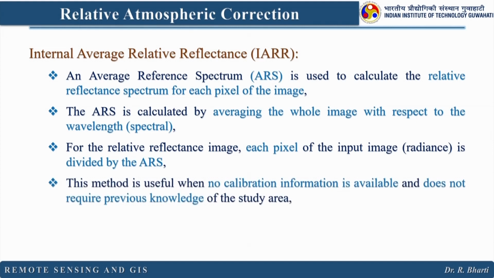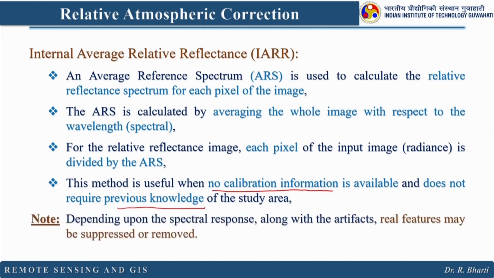This method is useful when no calibration information is available and does not require previous knowledge of the study area. So, in many cases we want to study some unknown places where we cannot go, so we are restricted to use such methods which do not require any previous knowledge or ground information, right.